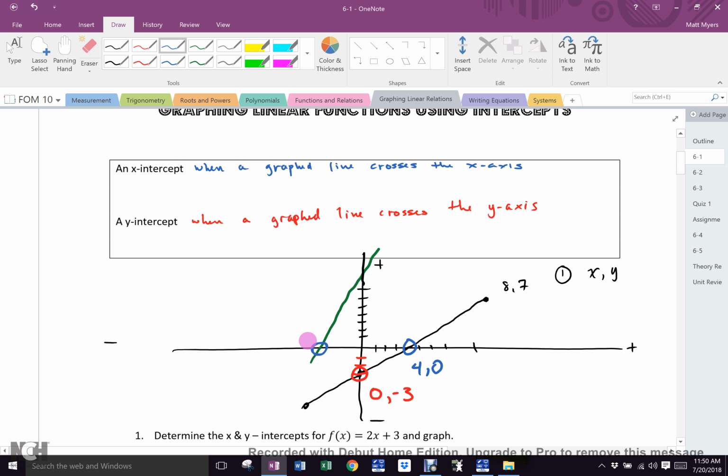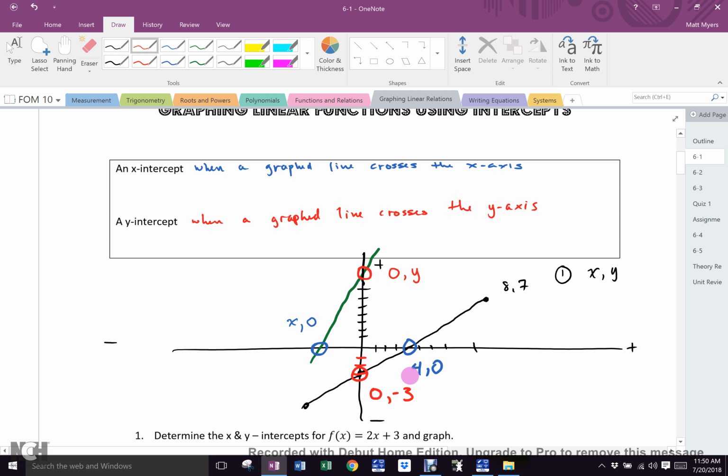You know its y value. Why do you know its y value, Zach? Because this is 0y. So this is some x value and 0. Agreed? What is this one? 0 and some y value. Does everybody understand that? Especially the grade 9s, you haven't seen that before. You all cool?